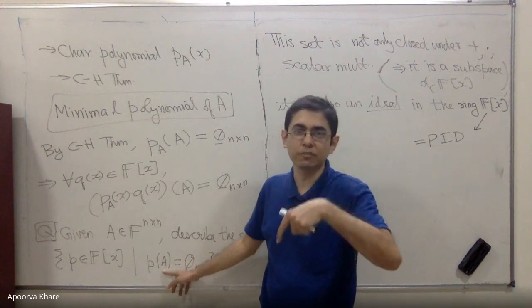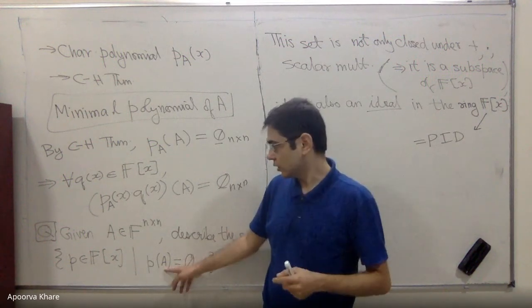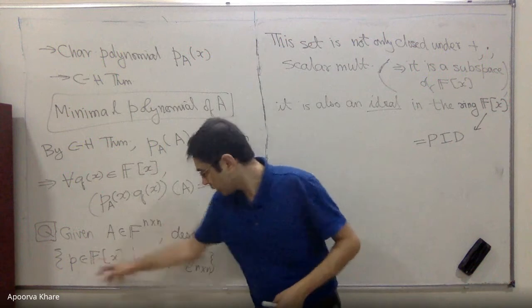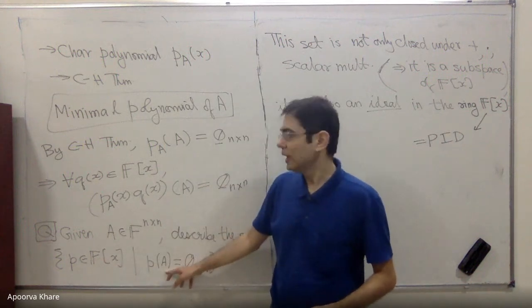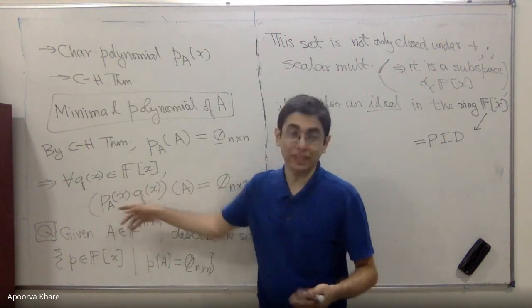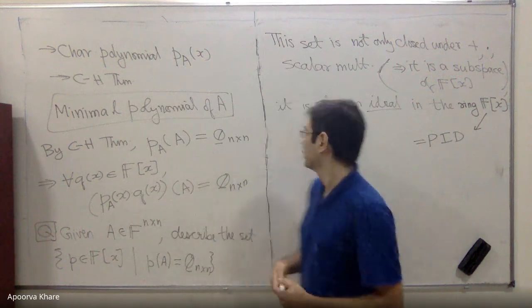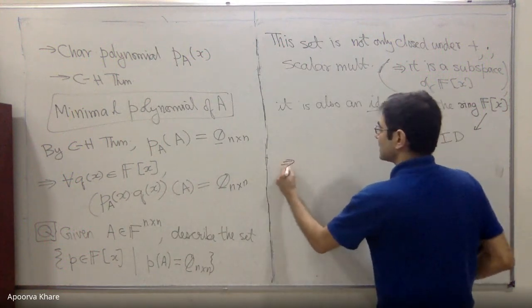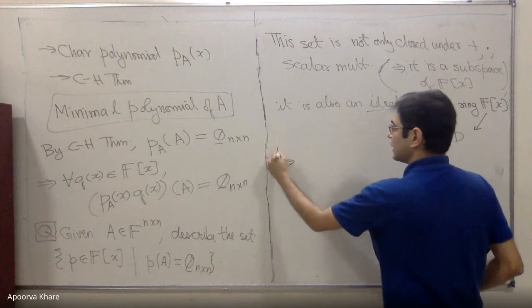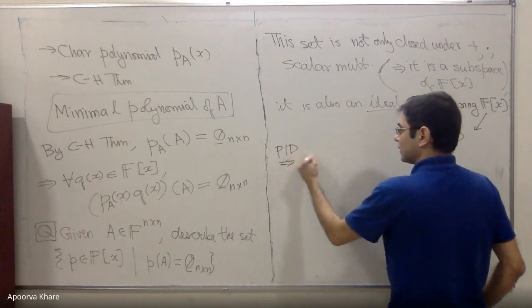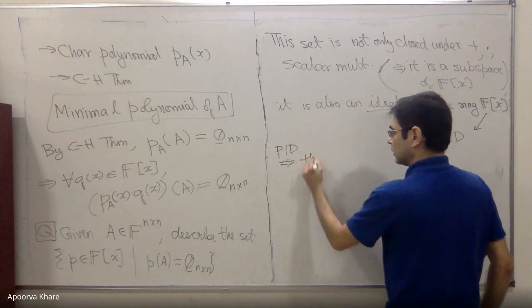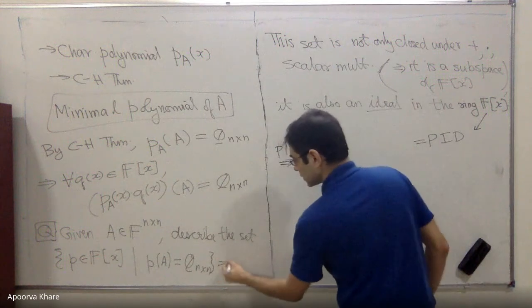The min is because of minimal degree. p_min(A) is 0. And every other polynomial such that p(A) is 0 is of the form q(x) times p_min(x). And that is right. So the PID property implies that this ideal, let's give it a name, let's call it I.